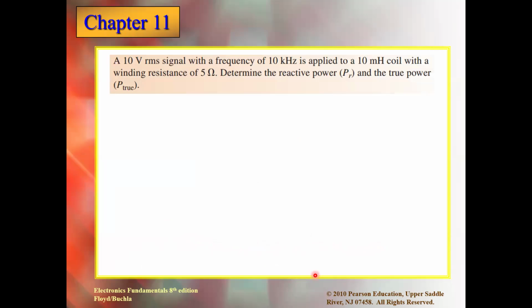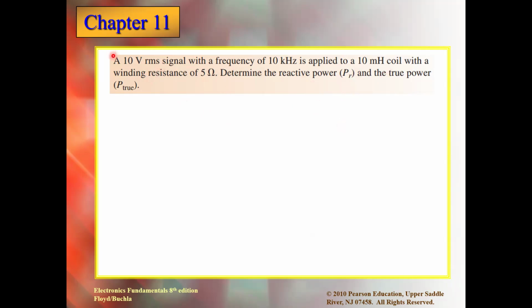So here is the question: a 10 volt RMS signal with the frequency is applied to a 10 millihenry coil with a winding resistance of 5 ohm. See, the winding resistance is given, and the value is just 5 ohm because it's very low. Determine the reactive power PR and the true power. For the true power we need the winding resistance, but for that we need the current IRMS. So for the current, first we need to calculate the XL.